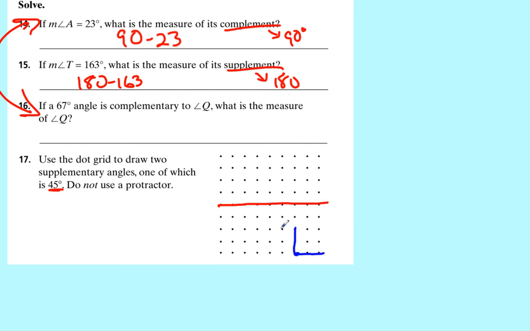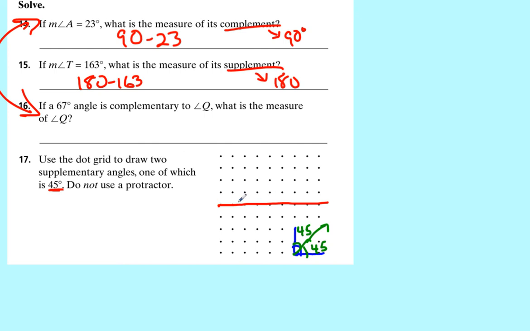Okay, if we draw an angle like this, this is 90 degrees. Okay, right? But if we were to split that angle into two even pieces by, I don't know, drawing a diagonal line, going like that, well, now you split this into two even pieces, which means both sides would have to be 45 degrees. Which means all we have to do, we take a point, we can put it anywhere on the line.